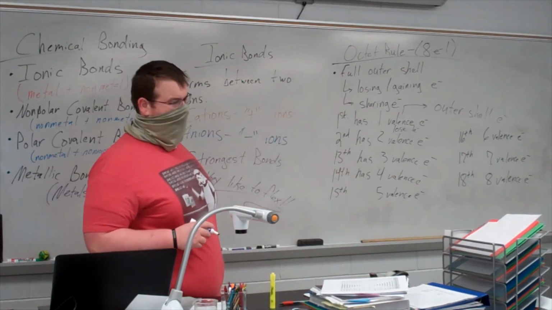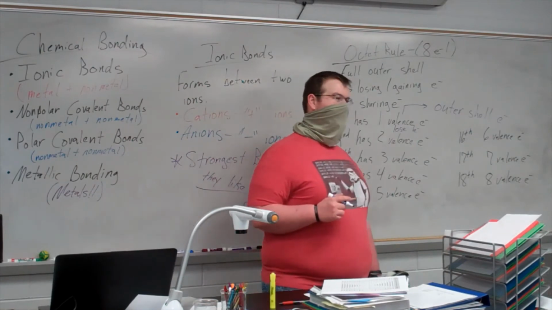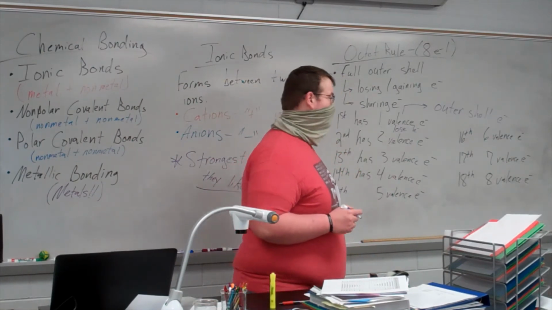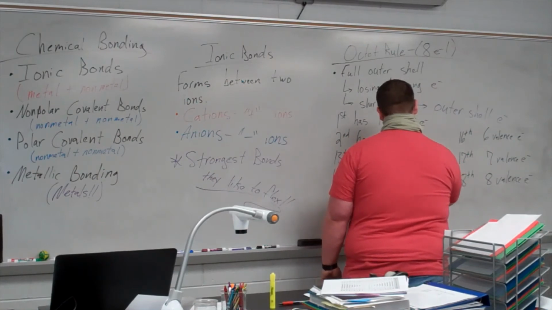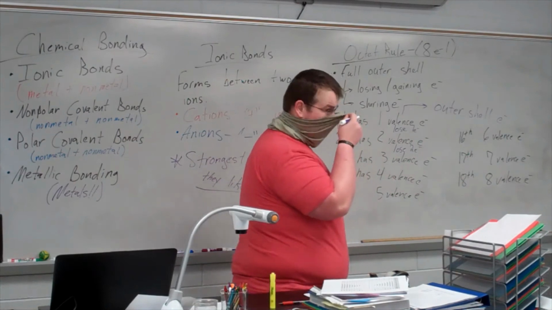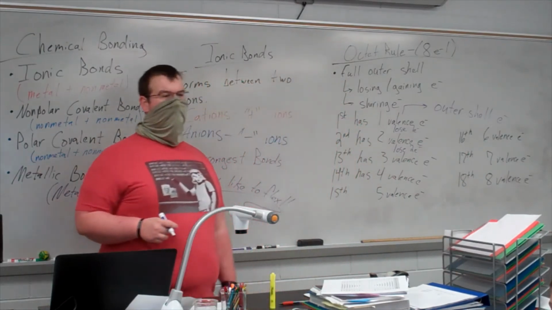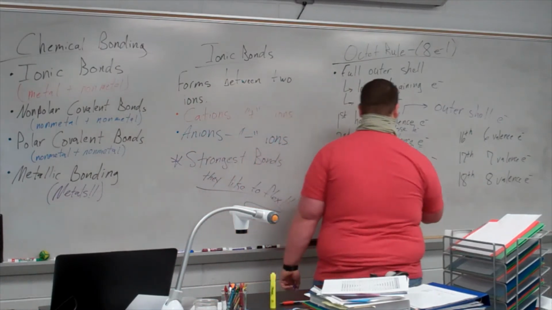Second column, they have 2. So is it easier to pick up 6 or lose 2? They'll lose 2. 13th column has 3. Easier to lose 3 or gain 5? Lose 3.